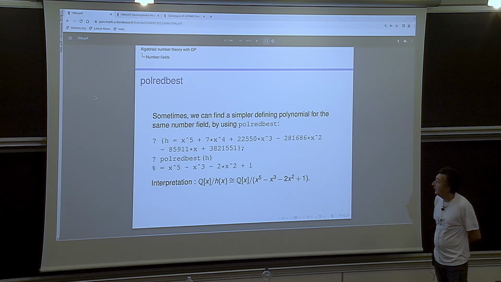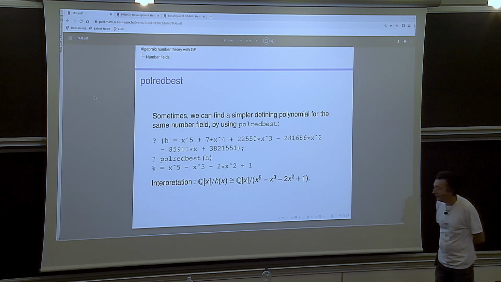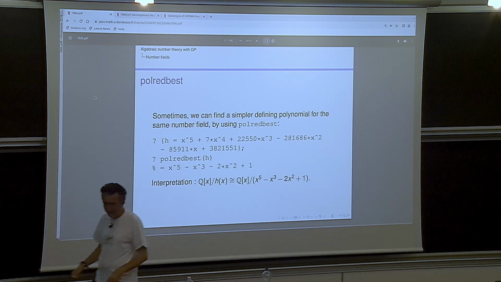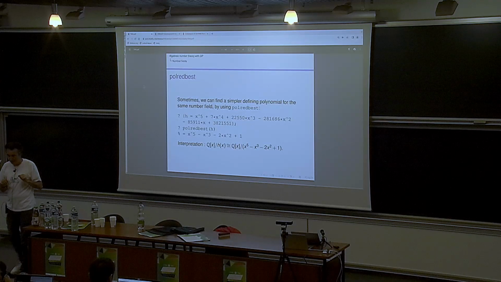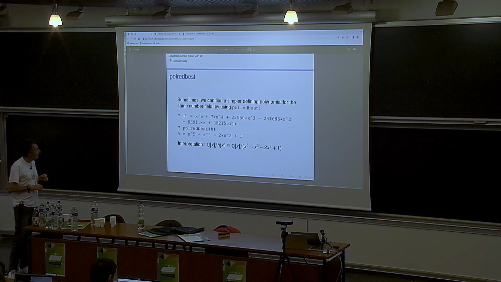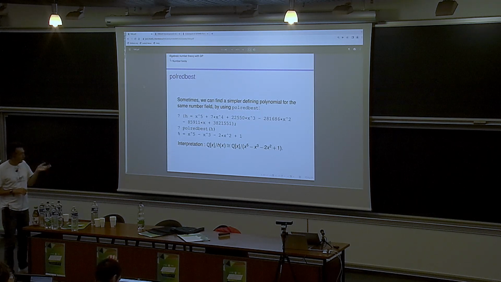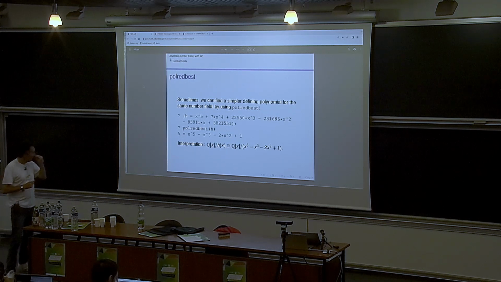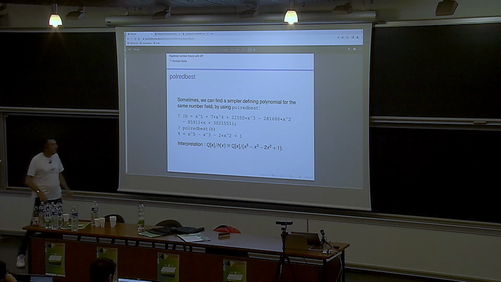The problem with all those polcompositum calls is that sometimes you can get polynomials with rather large coefficients, which will slow the computation. So there is a function polredbest that tries to find another polynomial which defines the same number field with much smaller coefficients, hopefully. This is an example.